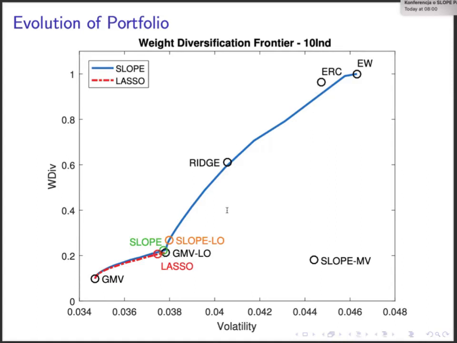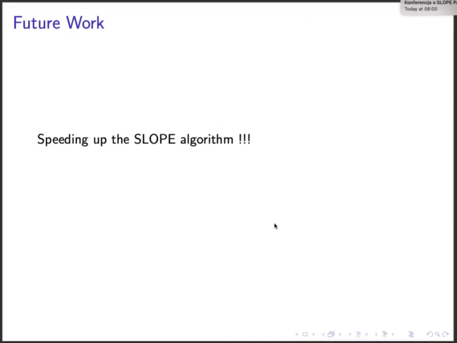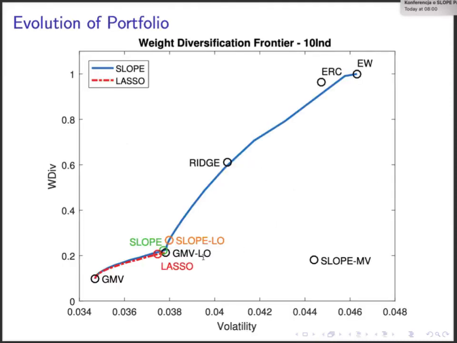What we can do with SLOPE, due to its clustering properties, is reach further. In the situation when you don't borrow, there is a constraint on your budget: the sum of your weights. A weight tells you how much you invest into a given asset. If all of these weights are positive, so you don't borrow money, then the LASSO L1 norm is always equal to 1. So LASSO basically cannot be used for people who don't want to borrow.